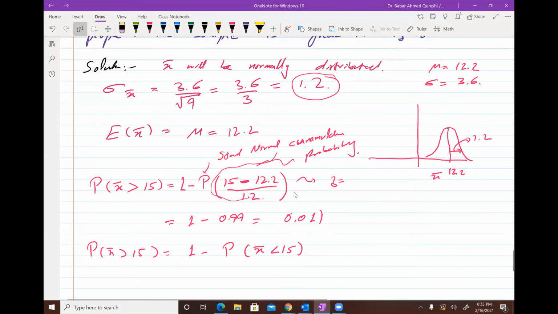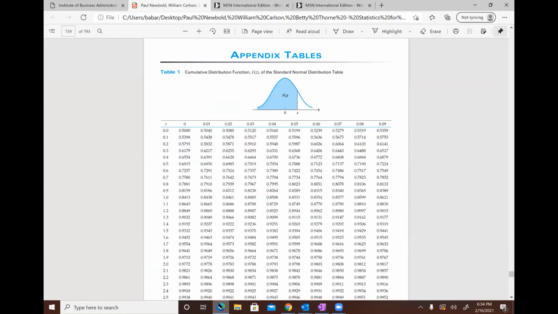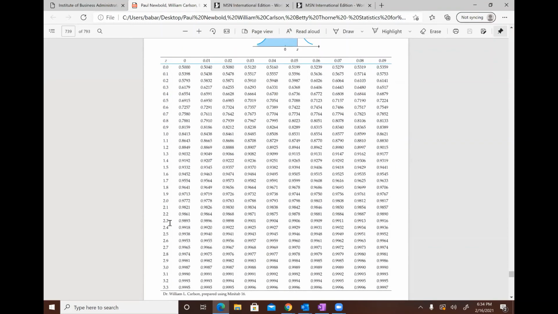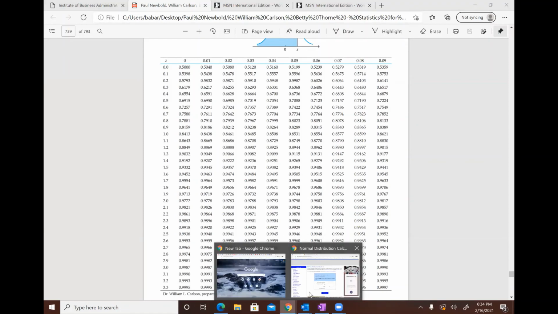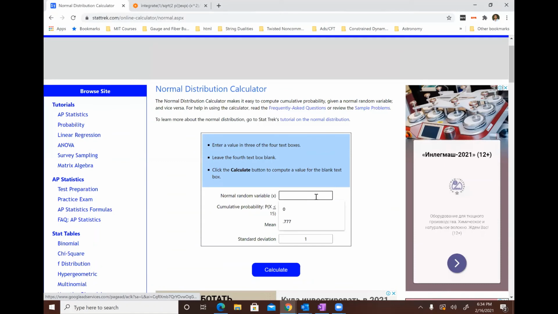So z would be 15 minus 12.2 over 1.2, which comes out to be, let me do it on the calculator, 2.33. So if you want, you can look it up in this table. 2.33, so it's 0.99. That's what I found before. Or you can put in here 2.33, 0.99.